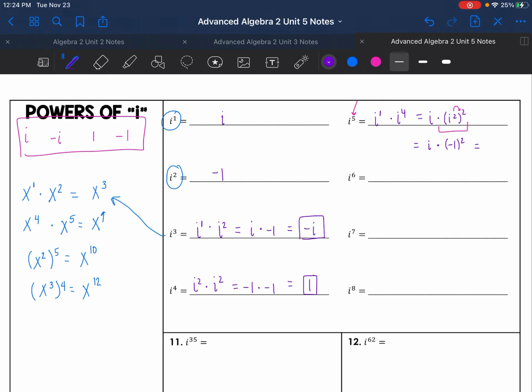What is -1 squared? Remember, if you're squaring a negative, you have to put it in parentheses. If you don't, you'll get the wrong answer. So if you do (-1) squared, that's +1. So i times 1 is just i. I told you this is confusing, so we're just doing lots of examples until you catch on.